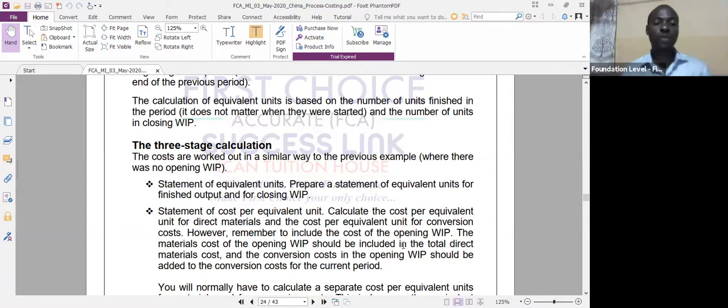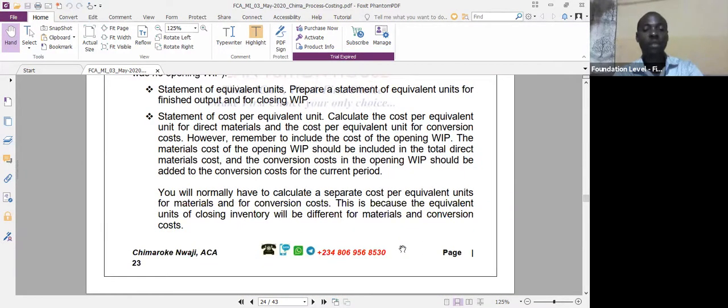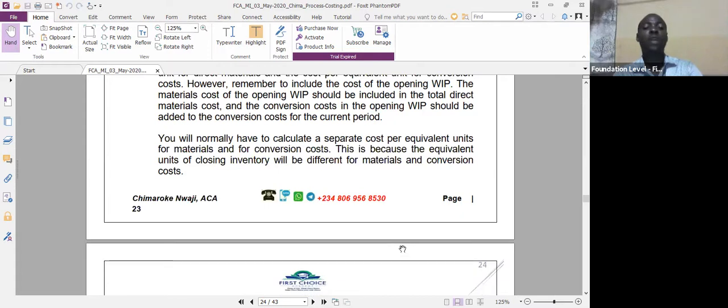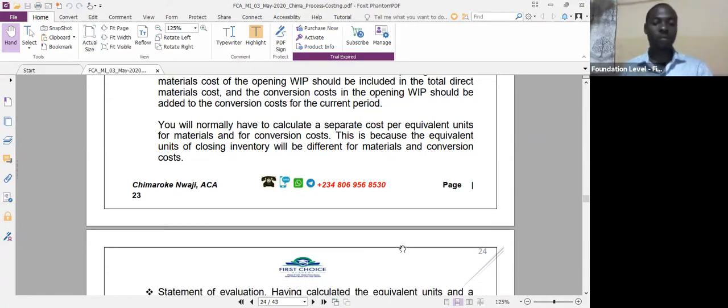So when we do that, we are going to get our cost per equivalent unit. So you normally have to calculate a separate cost per equivalent unit for material and a separate one for labor. This is because the equivalent units of closing inventory will be different for material and for conversion.